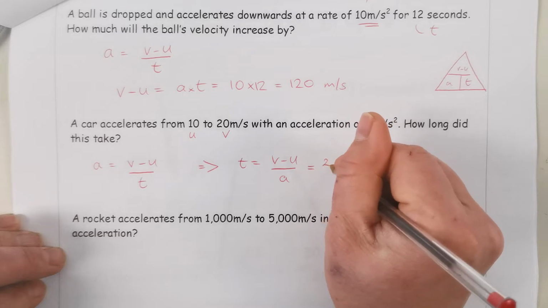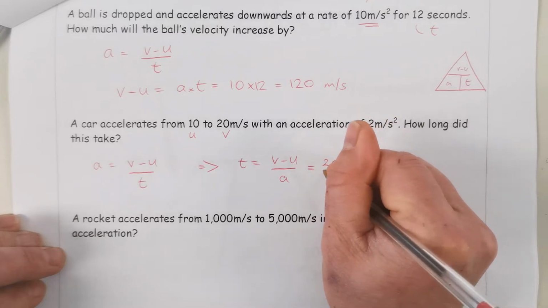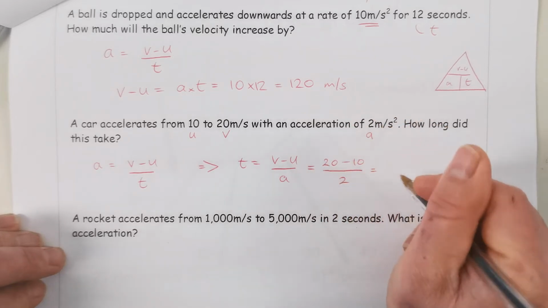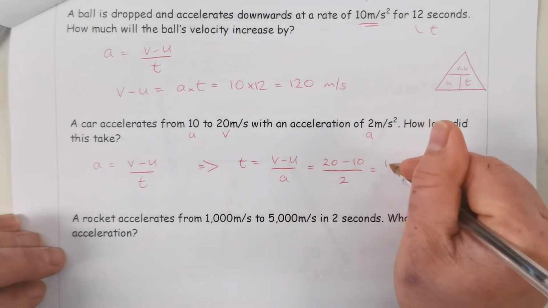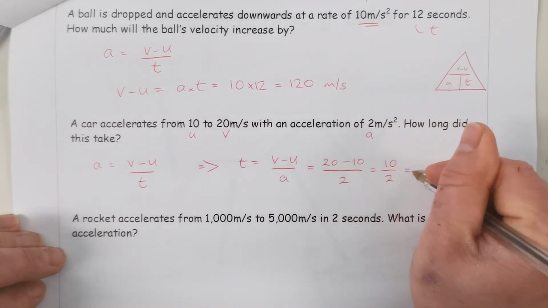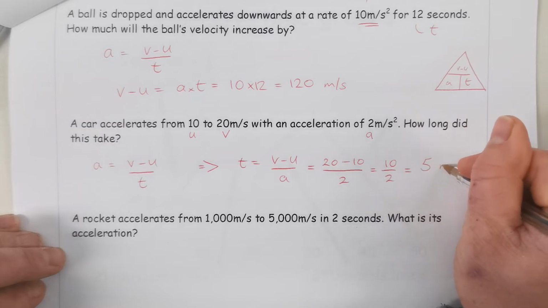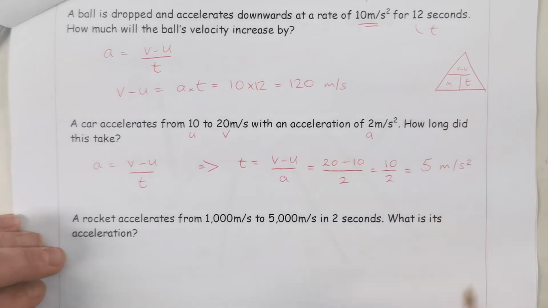So that's 20 minus 10 divided by 2. Do it slowly so you don't make any mistakes. 10 divided by 2, which is 5 seconds.